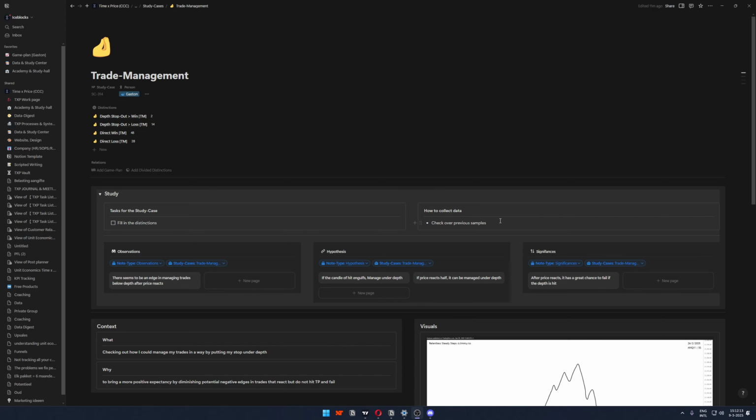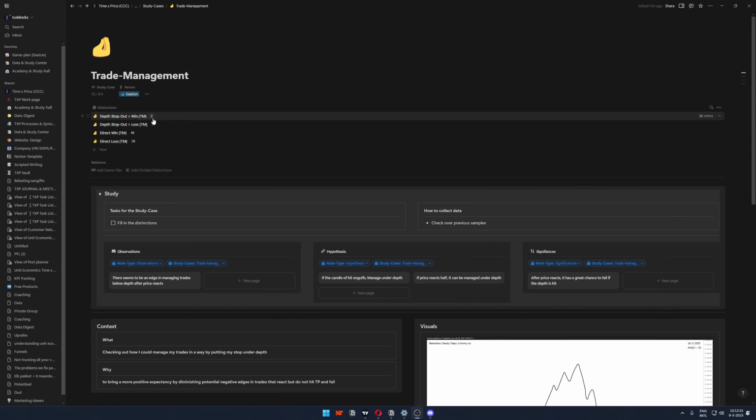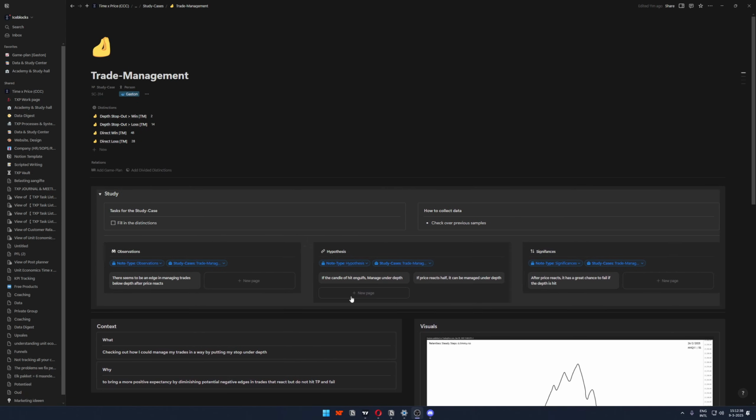So we're now able to view that after price reacts, it has a great chance to fail if the depth is hit. I've made distinctions beforehand and use these distinctions to mark out some levels. As you can see, I checked about 80 samples, meaning 80 pieces of price that look like this setup right here.